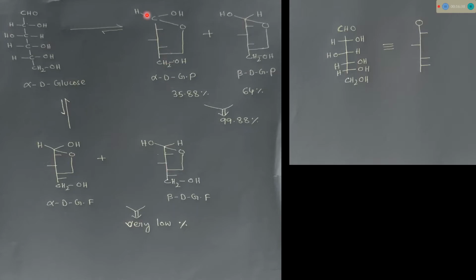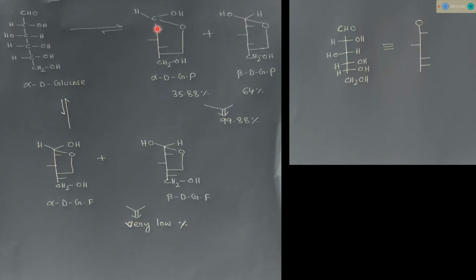So see, if we consider this type of structure, this is alpha-D-glucopyranoside, this is carbon 1, this is carbon 2, so these are 1,2-diol in cis manner. See, in this structure there is no hydroxyl group except this 1,2, there are no hydroxyl groups which are in 1,2 position and cis manner.